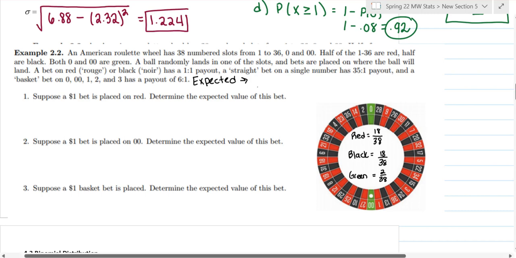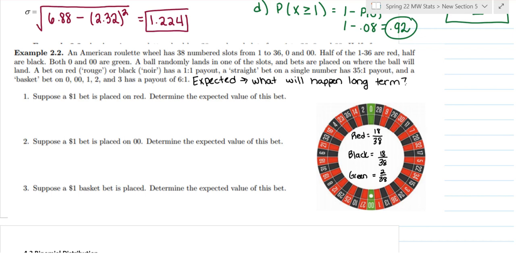So what will happen long term? What do you guys think will happen long term? Are you going to end up winning or losing? Okay, typically, if you're gambling, the house has the advantage, so typically you're going to lose long term. So the key is to know when to walk away, right? Which is hard.